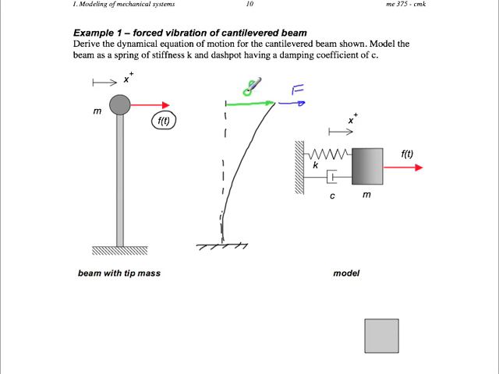And what you've seen before in strength of materials is that if you make a plot of the deformation at the top, delta, in terms of this static force F, you end up with a straight line relationship where the slope of this is given by K.